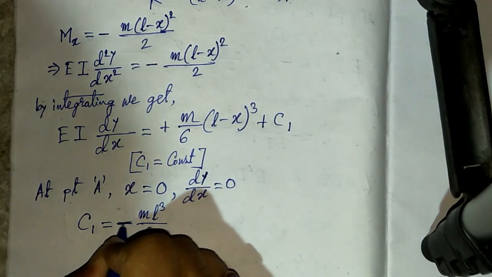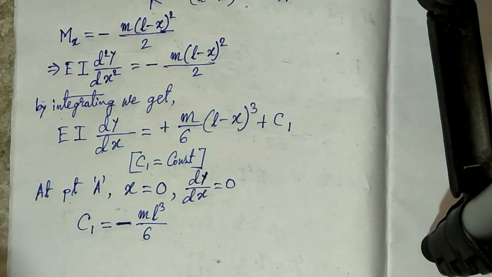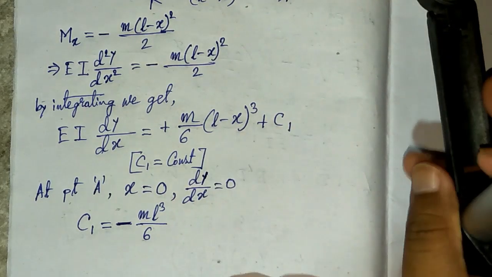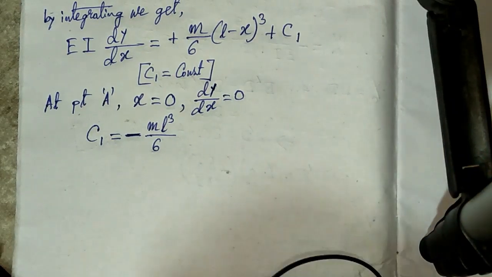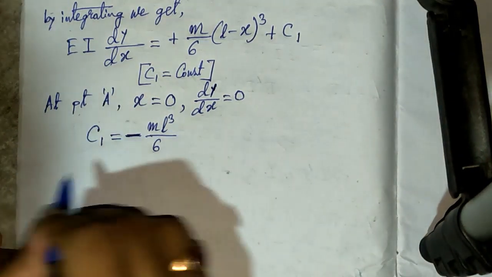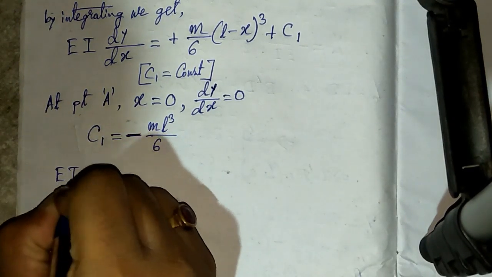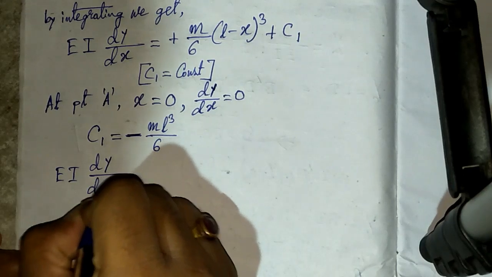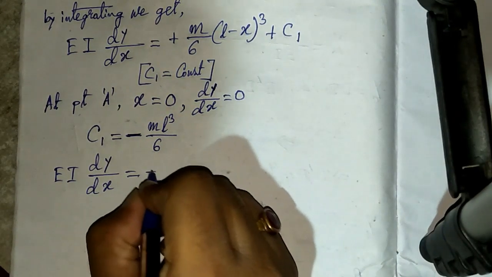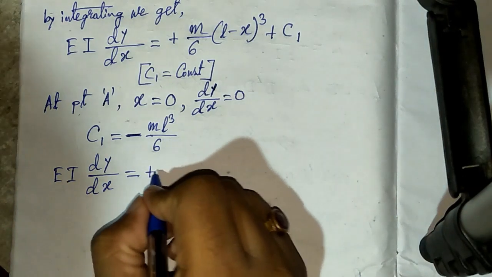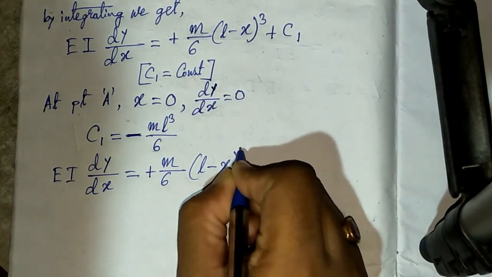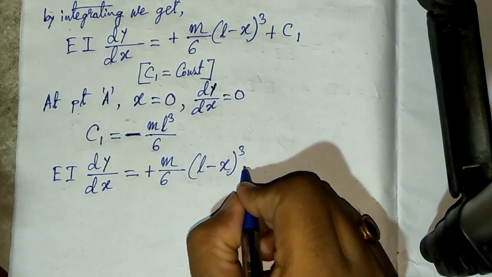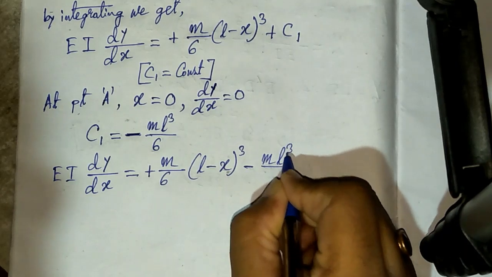Now by substituting the value of c1 into the equation that came after integrating the moment equation, we get EI dy by dx equals w by 6 into (L minus x) cube minus w L cube by 6.